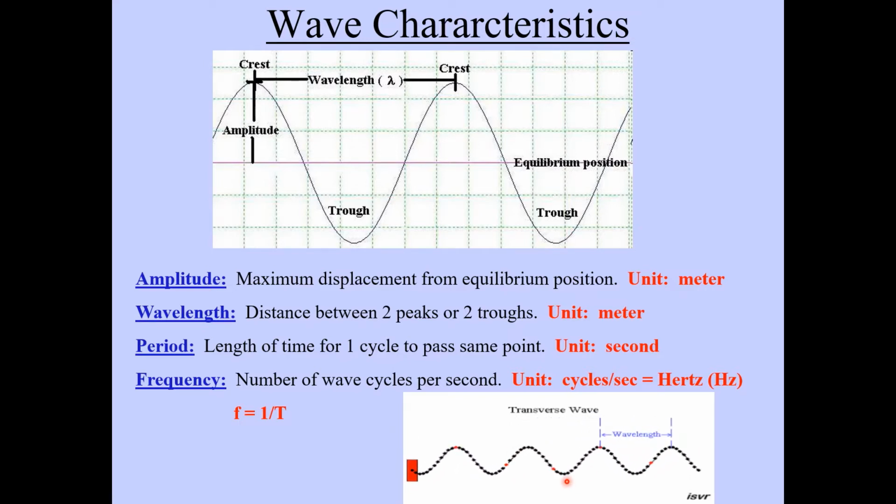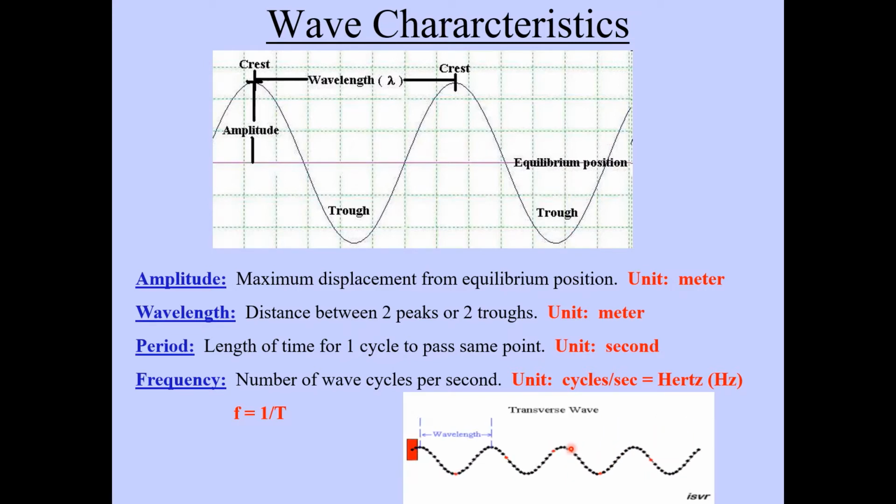If we were to, let's say, put our marker right here, and we were to measure when one peak comes, like right now we start our stopwatch, and then when the next peak reaches right now, we would stop the watch. That would be the amount of time for one complete cycle to pass by our marker there. And so that is what we mean by a period. And the unit of period is second because, of course, period is measured as a unit of time.